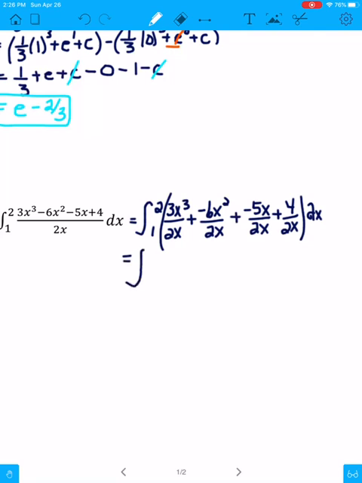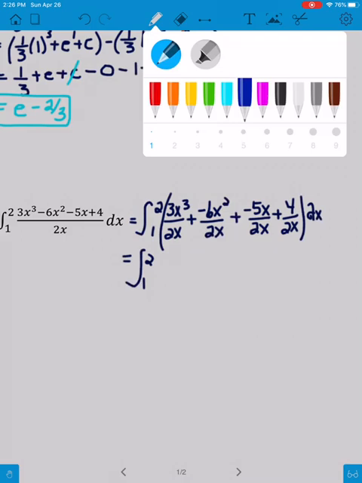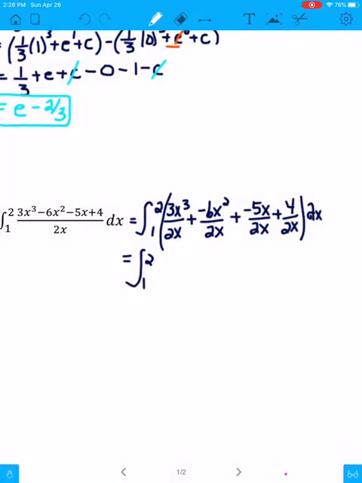So I'm going to get from 1 to 2, x cancels off one of those, so I have x squared. So I'm going to end up with 3 over 2 x squared. The x cancels off one of those.